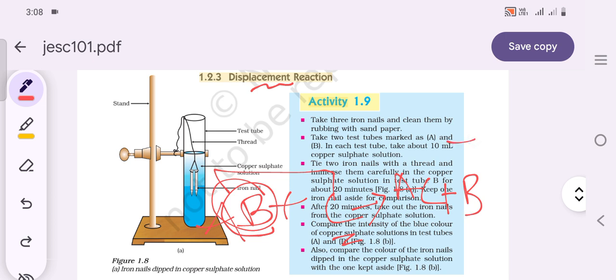This type of reaction is said to be a displacement reaction.